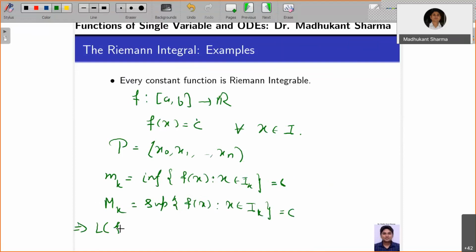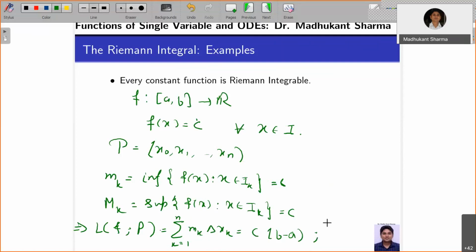So what is L(f,P)? It is the summation of small mk delta xk, where k runs from 1 to n, and that equals c times b minus a. Because mk is c for every k, c comes out, and the summation of delta xk for k equals 1 to n is nothing but the length of the interval.